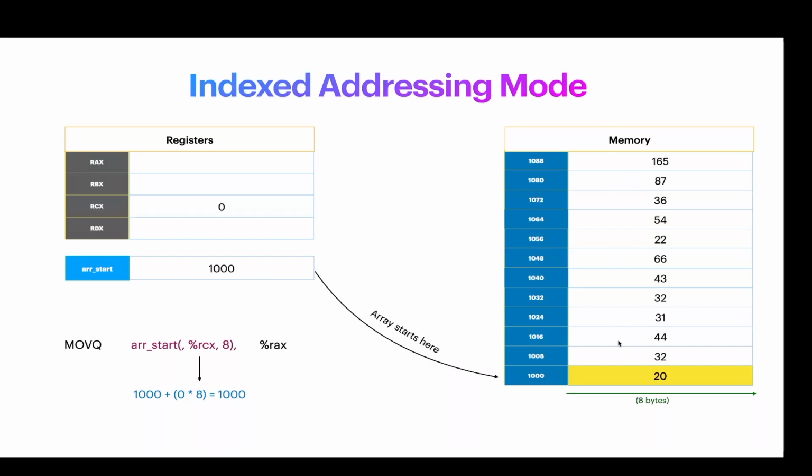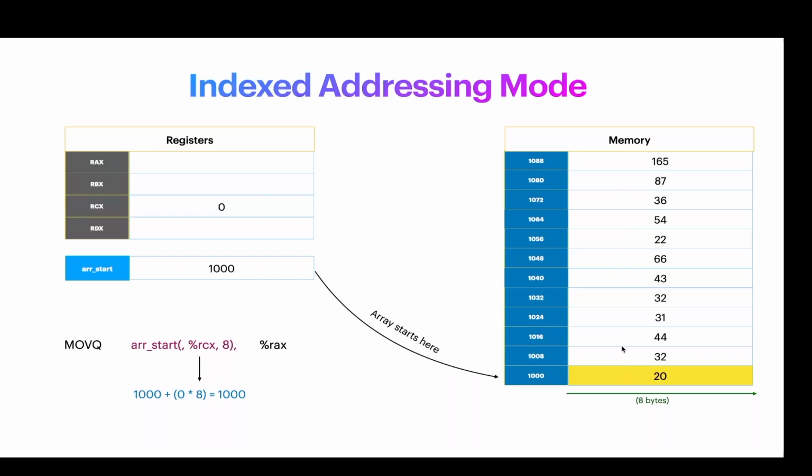And here's a memory, and let's look into the contents of the memory. Each box here is 8 bytes wide. The memory starts from 1000 and goes up to 1008, etc., to 1088. And these are the numbers stored in these locations. The array start variable stores the memory address 1000, and that's where the array starts. So you have an array in memory.